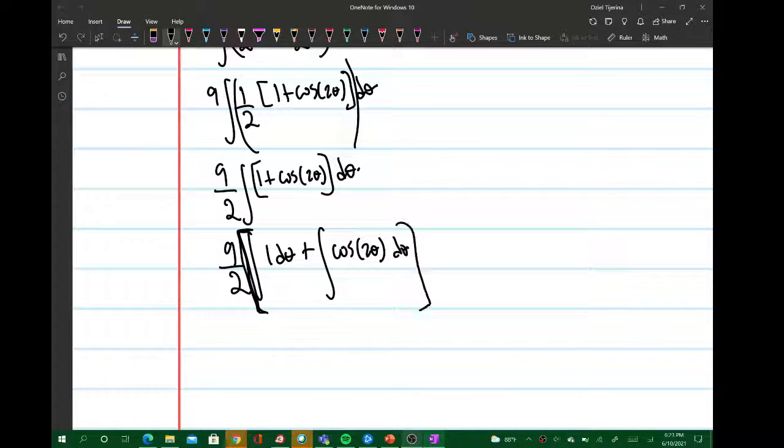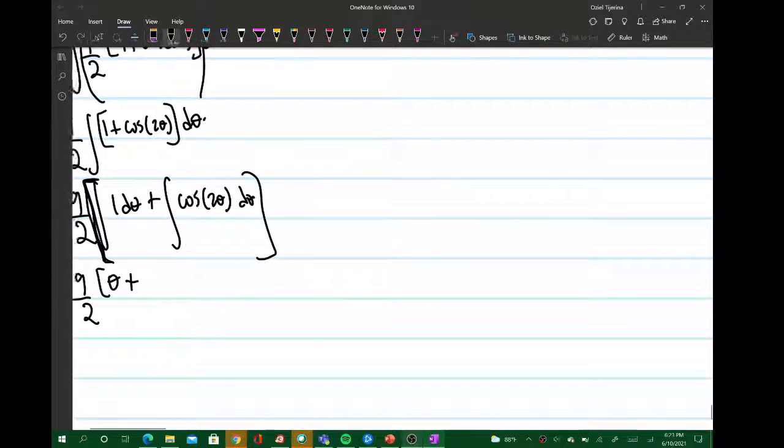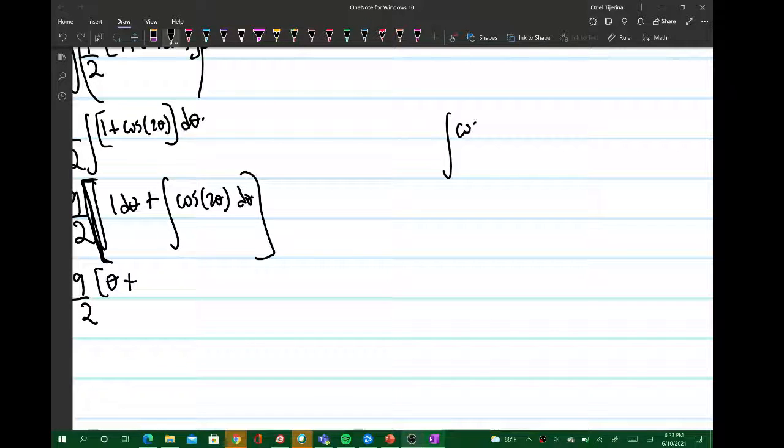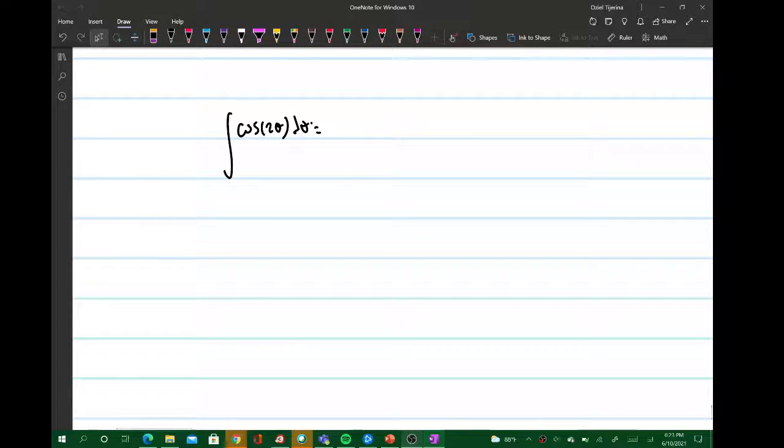So then you're going to say this is 9/2, and then the integral of 1 d theta is just theta, right? And then plus the integral of cosine of 2 theta d theta. So if you do it over here, you can use u substitution for this.